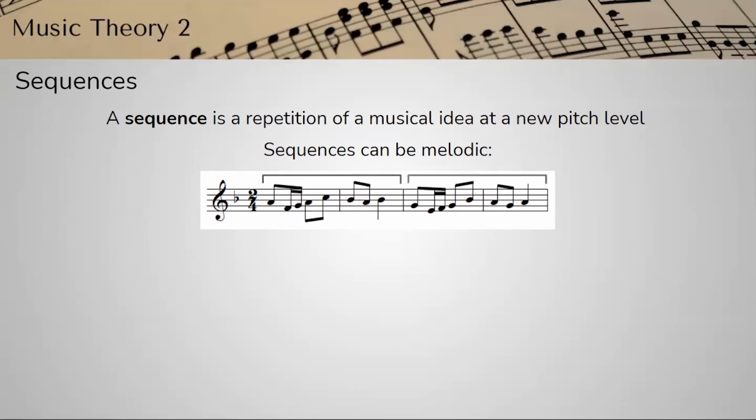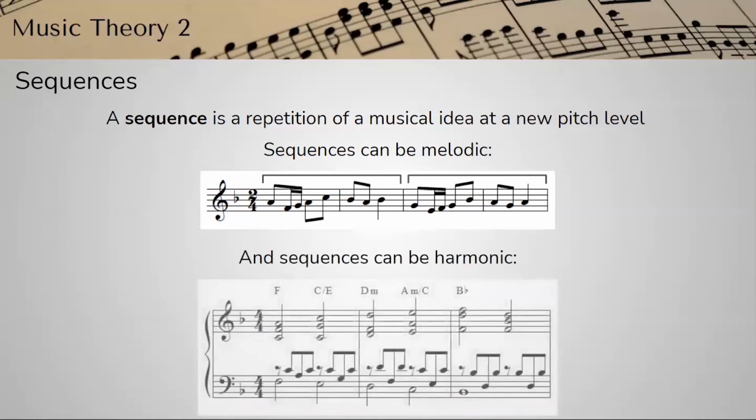Then all that happens is that it gets moved down. It starts on a different pitch level. It starts on a G instead of an A. And you can see that all of the intervals between the notes are the same. So sequence is just taking this melody and repeating it, but not repeating it on the same note, repeating it a note down or a note up. So that's a melodic sequence.